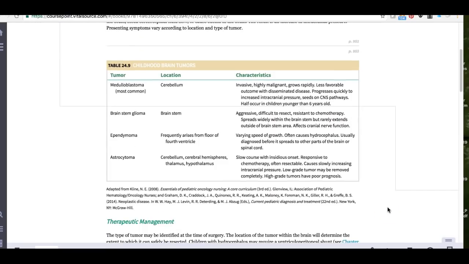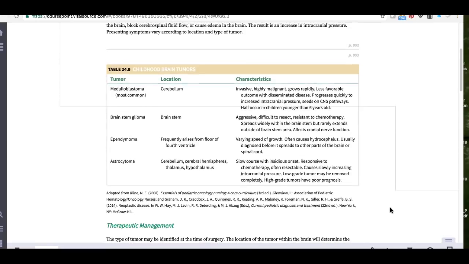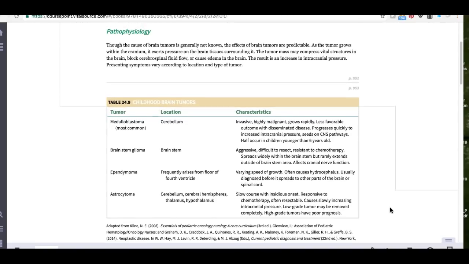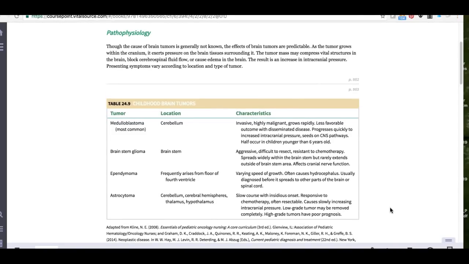This does give you a list of a few kinds of brain tumors that you might see. These kids sometimes present with headache, nausea, vomiting, gait disturbances. Papilledema is an assessment finding that you may not see, but the physician may see when they look in their pupils.